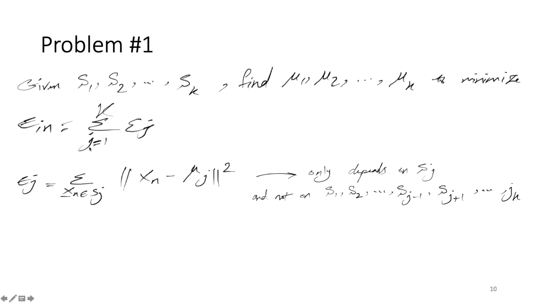It's like we are making a summation for all the clusters. So if you add these clusters, when you're dealing with this cluster, you don't care about the other 2, right? When you deal with this cluster, you don't care about these 2, right? So that's why this equation only depends on Sj and not on all the rest, S1, S2, Sj minus 1, Sj plus 1, and the last one. So only this.